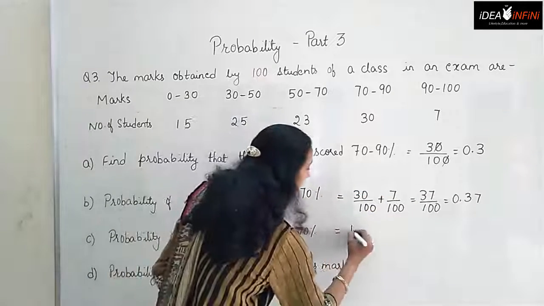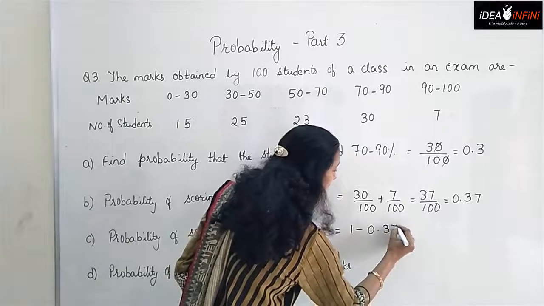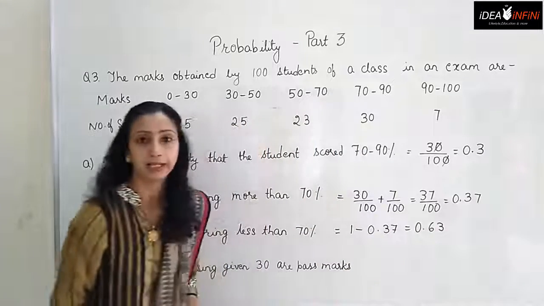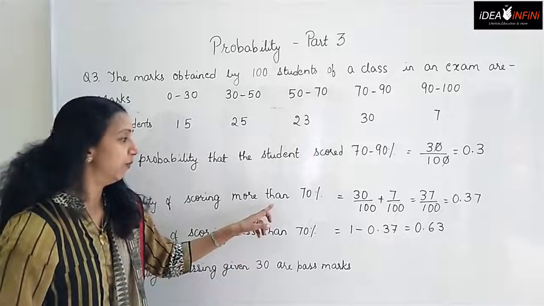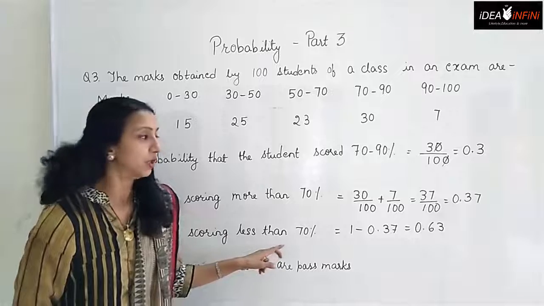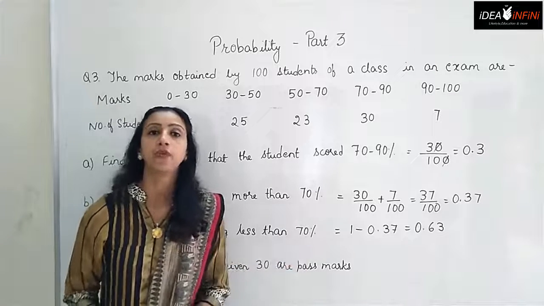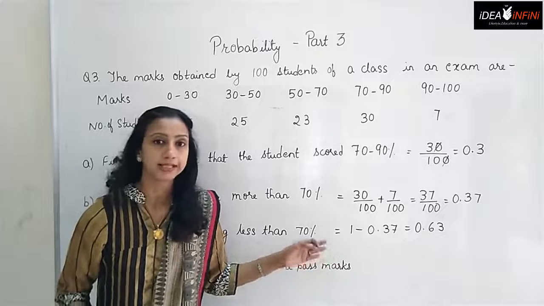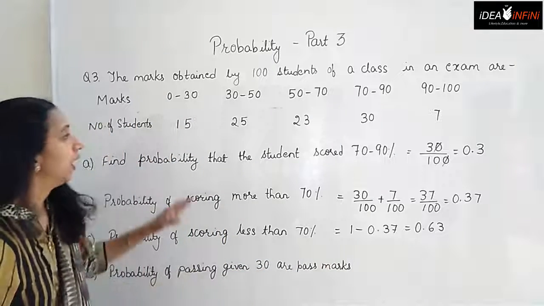So what we can do is 1 minus 0.37, or 0.63. Directly we can get it because more than 70 we already have and we want less than 70. So 1 minus probability of getting more than 70 will give me the probability of getting less than 70% marks.